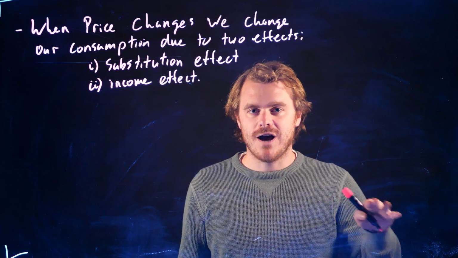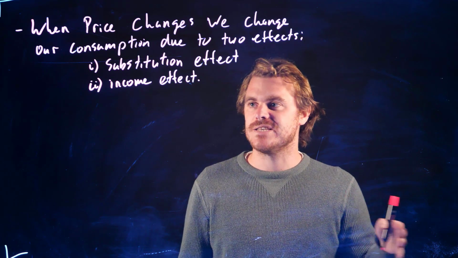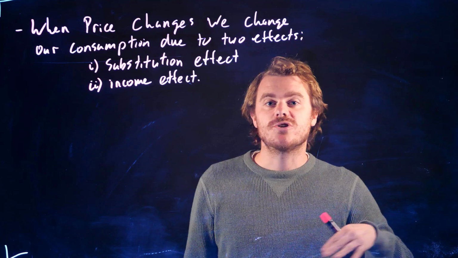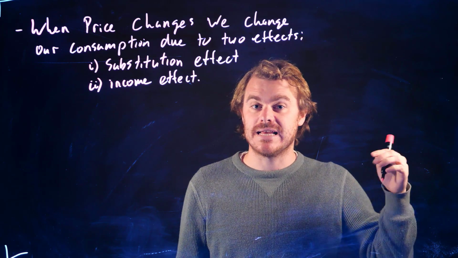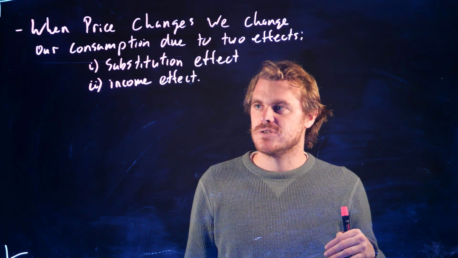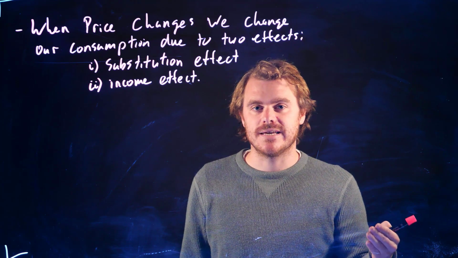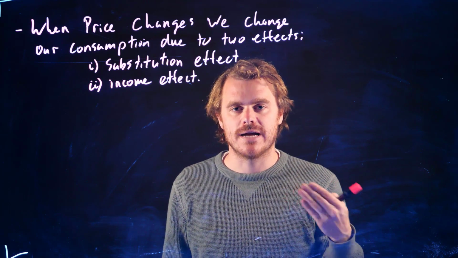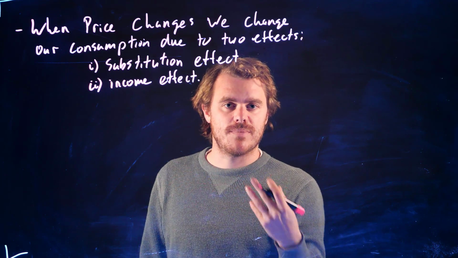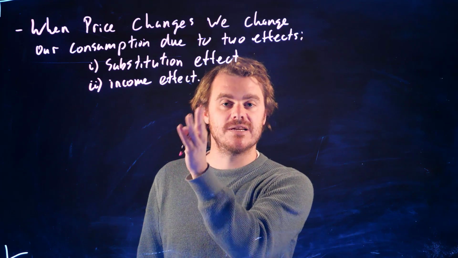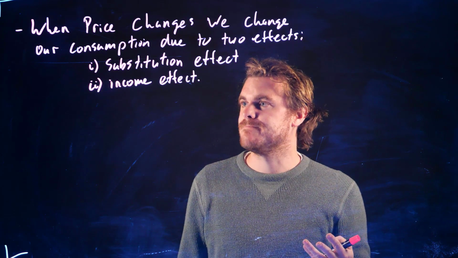Even if you got the same amount of money as you did last semester, or last year, you can purchase less. So prices going up is almost like an income going down. So there's this income effect. I know that income's not changing directly, but the purchasing power of our income, our budget, is changing. And this is going to change how much of each good we buy, because we've learned about different types of good, inferior goods and normal goods, right?